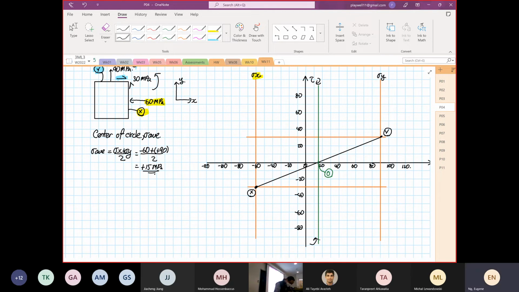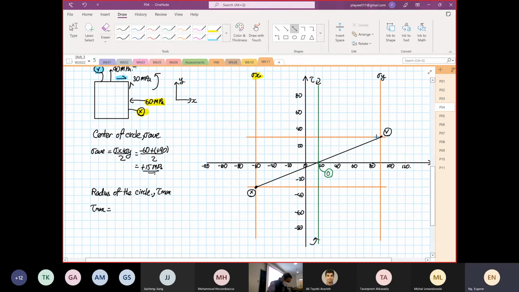The next one, you determine the radius of the circle, which is also equal to your tau max. So your tau max will be equal to what? Okay. No need to memorize anything. Just look at the circle. What do I mean?